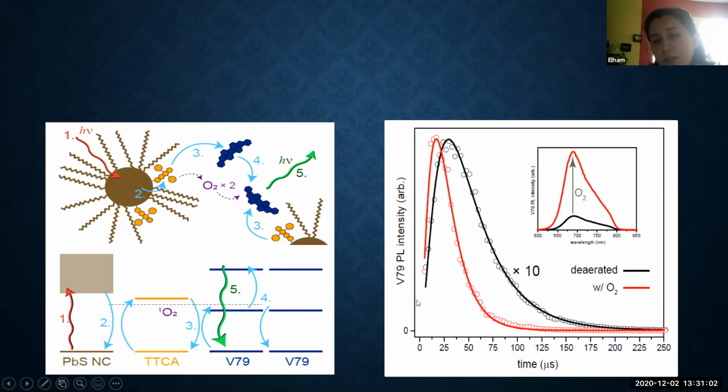If you compare these two plots, you will notice how much stronger the signal was when we put oxygen in. The other thing was that oxygen made the energy transfer faster than when we didn't have oxygen, so the rise time happened earlier in this case.